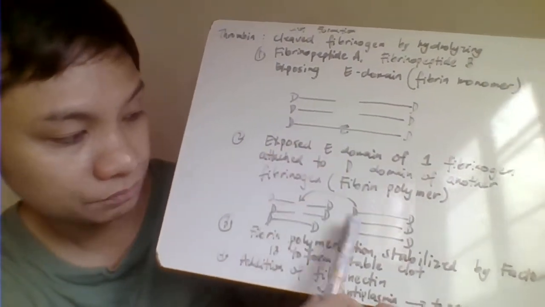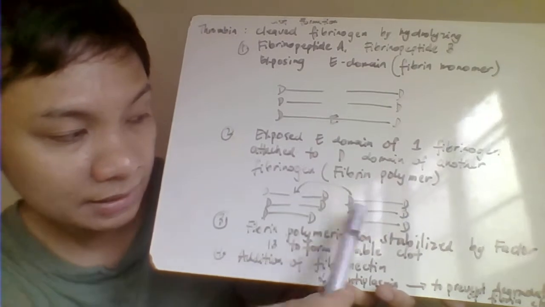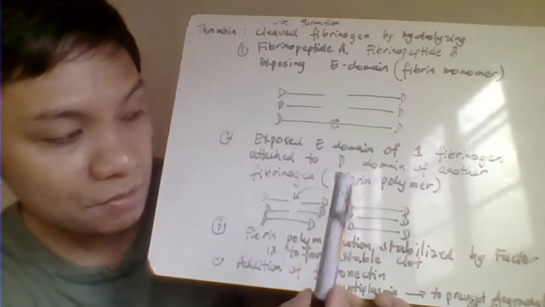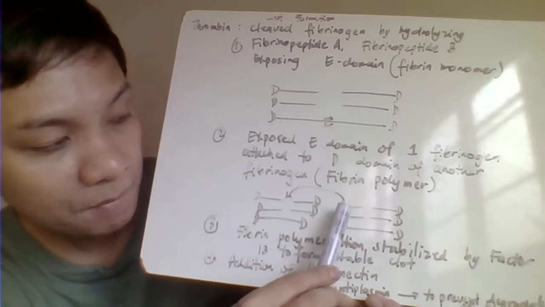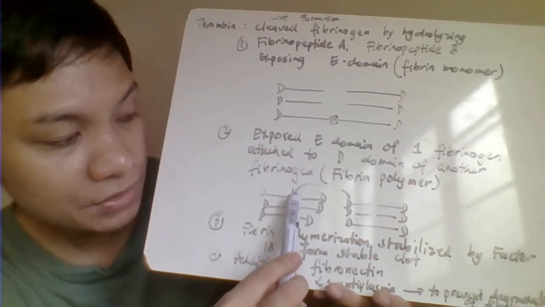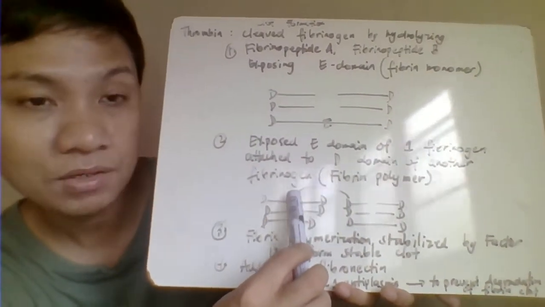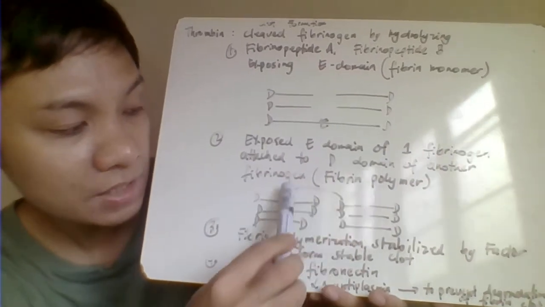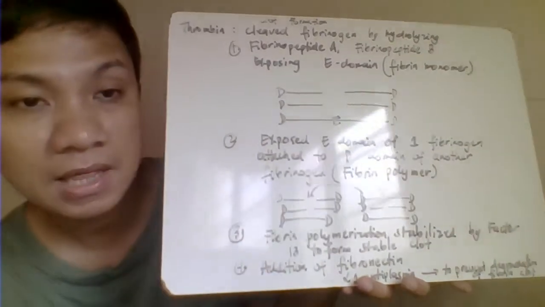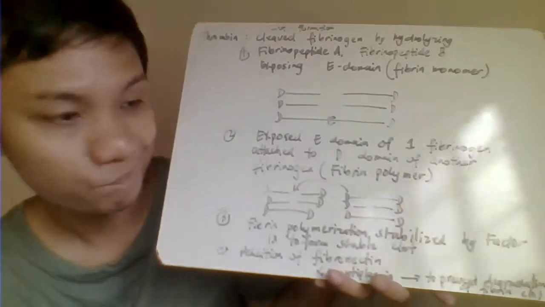So, parang ganito. Then dito sa kabila, ang D domain nito, wala din ito. Ang D domain dito, mag-attach dito sa E domain nitong na-expose na E domain by the action of your thrombin. Pag nag-attach siya dito, it becomes here your fibrin polymer.